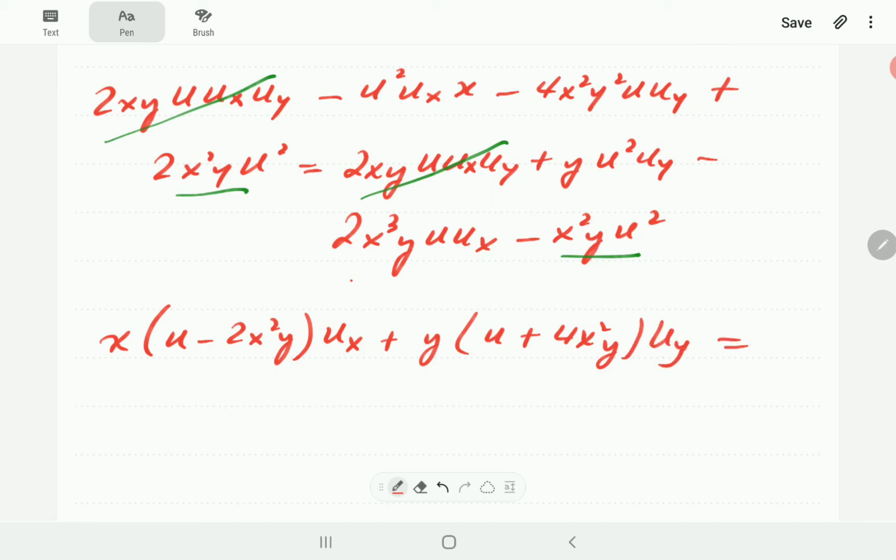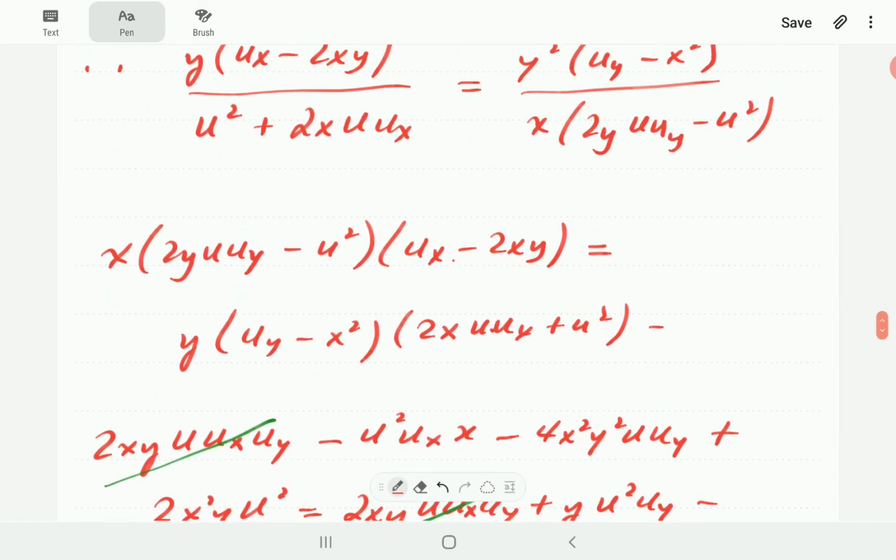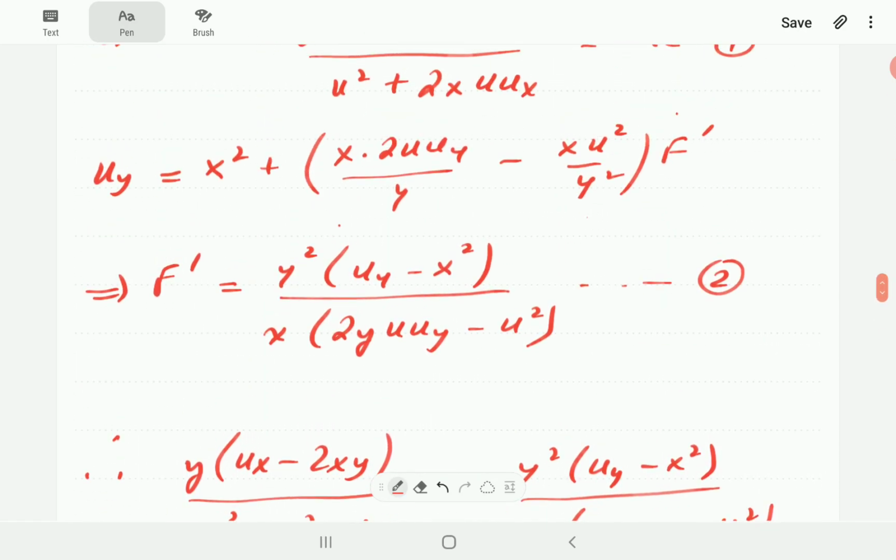And then on the right hand side, we're going to have 3x squared y times u squared. Okay, so that's just these terms here. Okay, so that is going to be our PDE then.